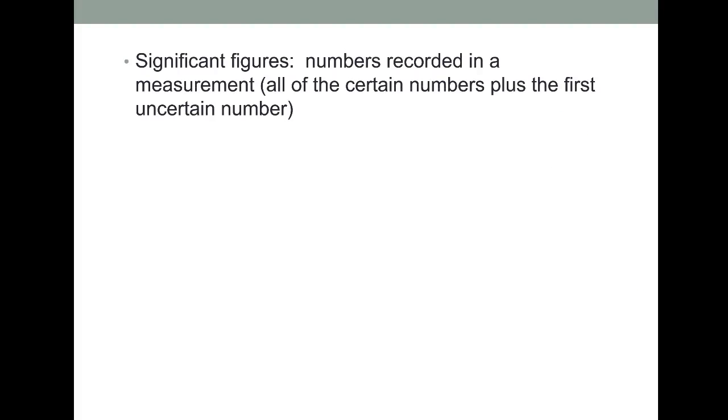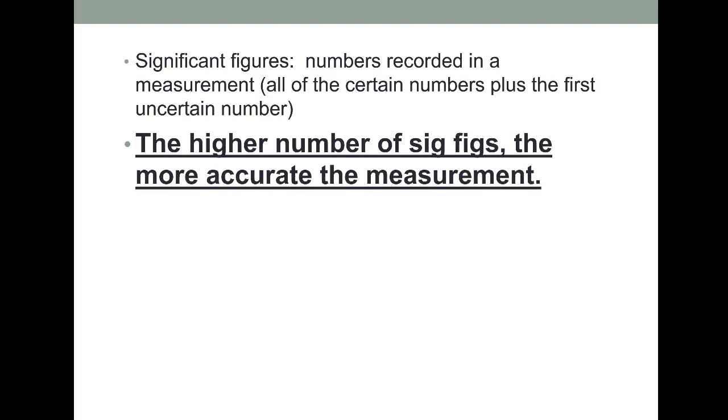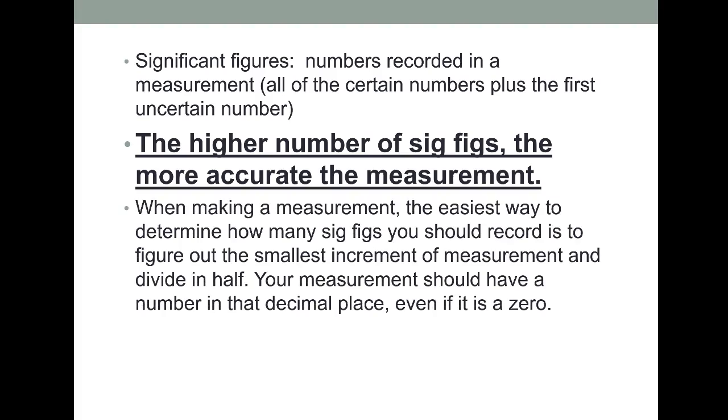So sig figs, or significant figures, are numbers that are recorded in a measurement, all of the certain ones plus one uncertain one. The more sig figs you have, the more accurate your measurement is, and it makes the calculations you do with the sig figs better. So you want to get as many sig figs as possible. So when you're making a measurement, the easiest way to determine how many sig figs you should record is figure out the smallest increment and divide it in half.